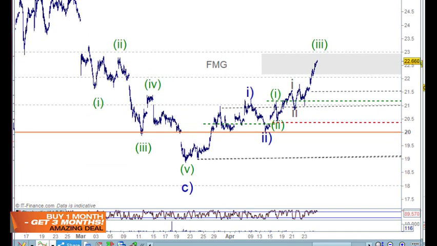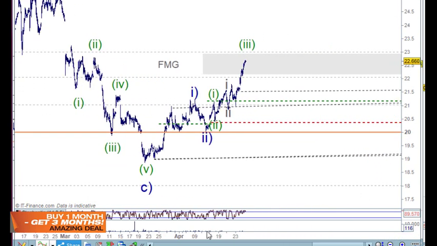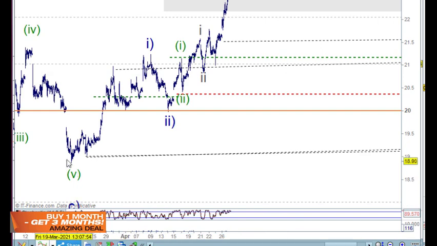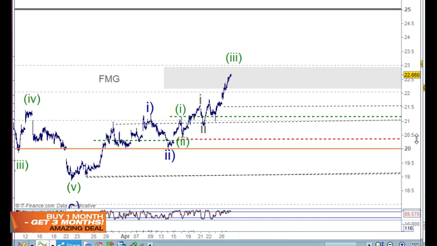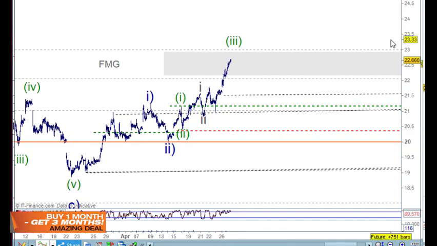But yeah, I mean, it's doing all the right things, isn't it? Because we had counted up here as 1 and 2 and 3 and 4 and 5 for blue wave 1 here. And then we were going into, well, really, we're going into the 3rd of the 3rd of the 3rd here. So we're going into the most powerful point of the structure. I could probably look at that as 1, 2, 3, 4, 5 here for 1 and back for 2 here for this as well.